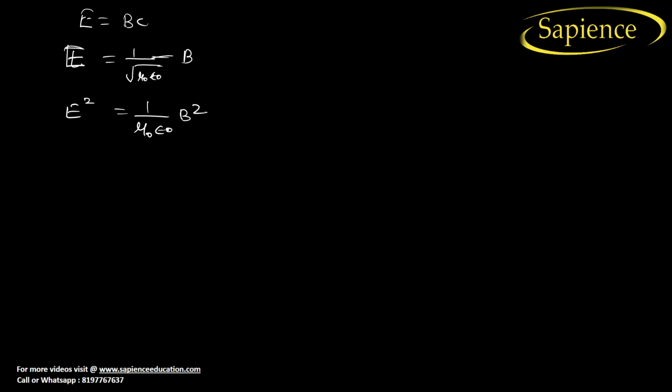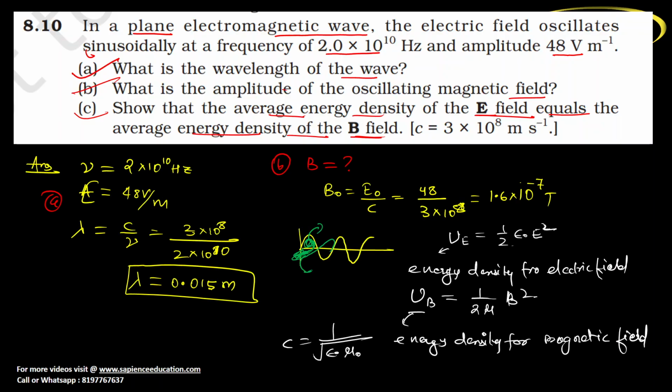I think something I am missing here in the formula. Think by yourself. The speed of light in terms of epsilon naught and mu naught. So it's okay.